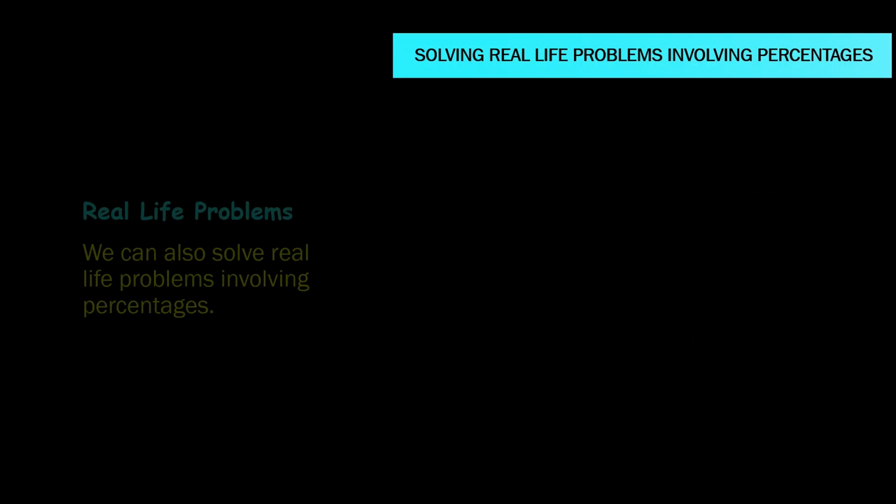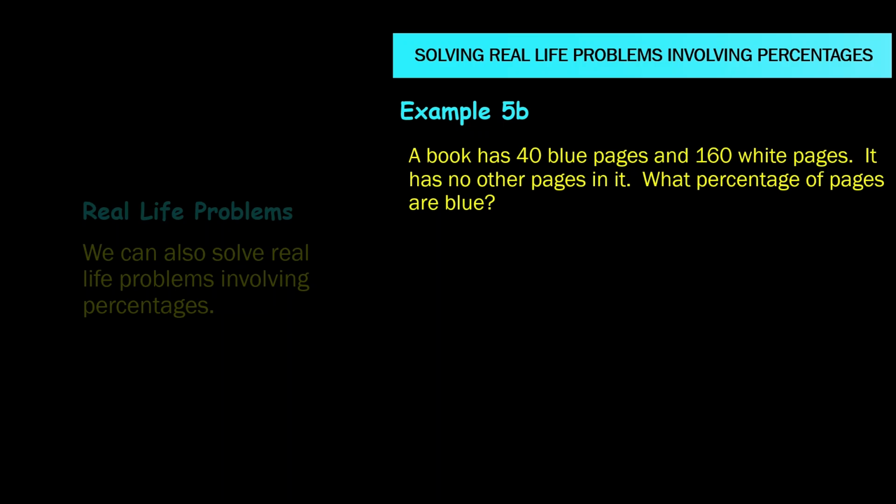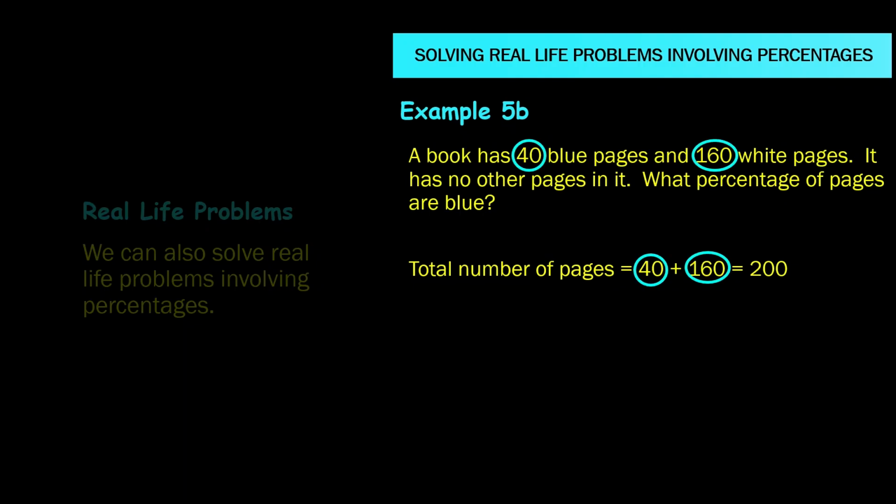Let's take a look at another example. A book has 40 blue pages and 160 white pages. It has no other pages in it. What percentage of pages are blue? So the total number of pages equals 40 plus 160, which equals 200.